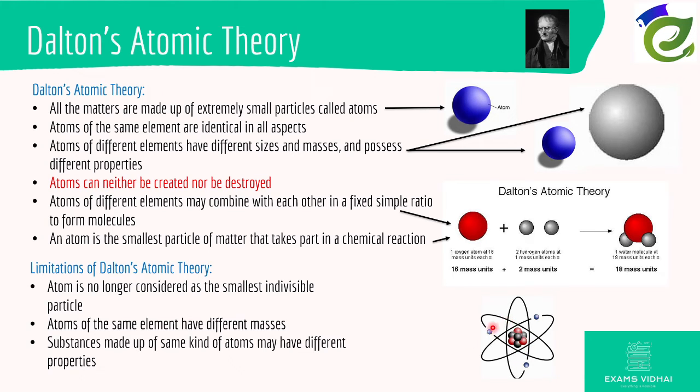So this atom is made out of three different particles among itself, and atoms of the same element can also have different masses. These are usually known as isotopes that you might have learned in your earlier classes.